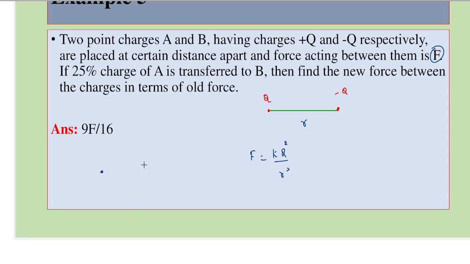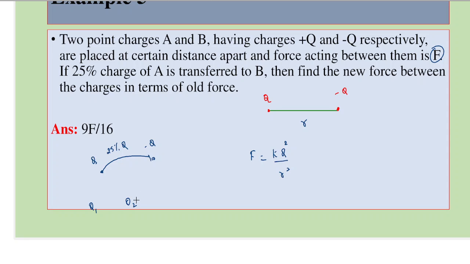So this is one charge here, this is one charge here, this is Q, this is minus Q. Now from here, the charge which goes would be 25% of Q. So what remains now would be different charges. We'll call that as Q1 and then Q2. So Q1 is a new charge out of Q, and Q2 is a charge out of minus Q.